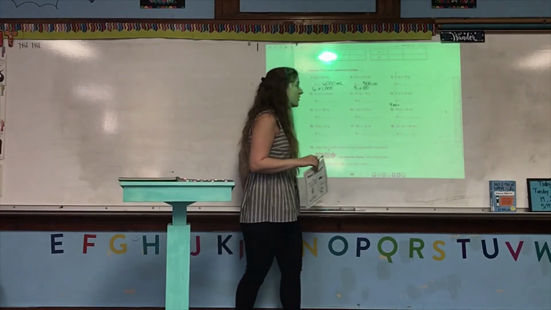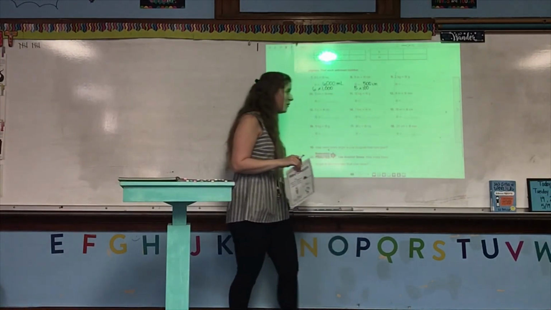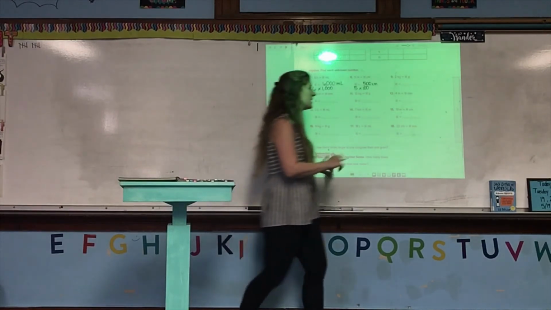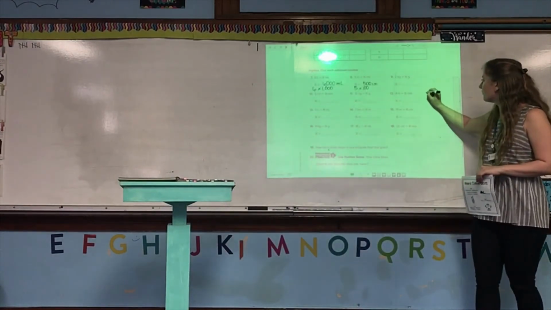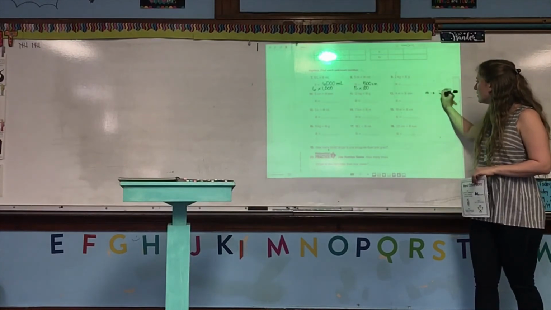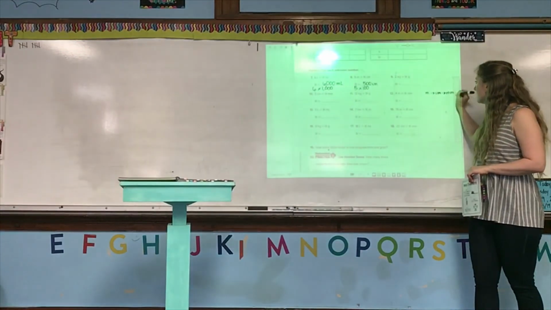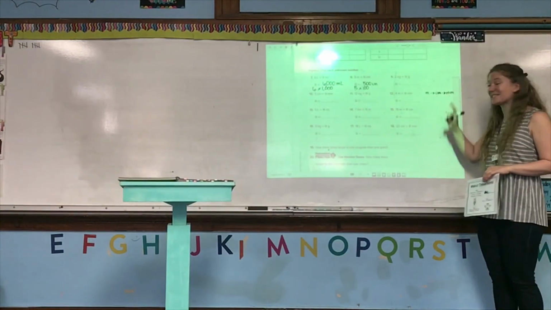And then once we know the centimeters, then we have to find the millimeters from there. So we're going to be going from meters to centimeters to millimeters. So we have an extra step.